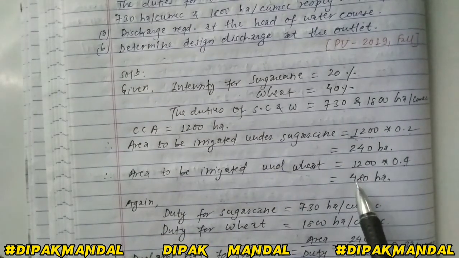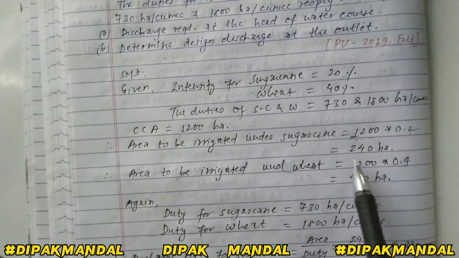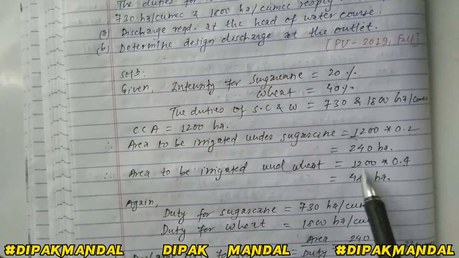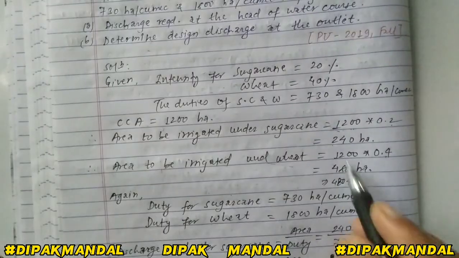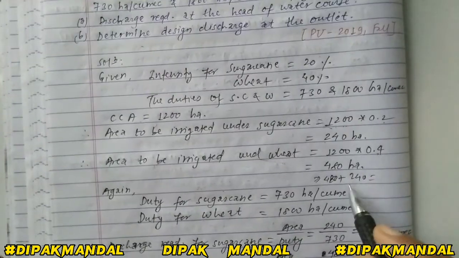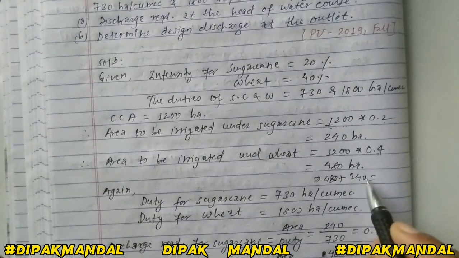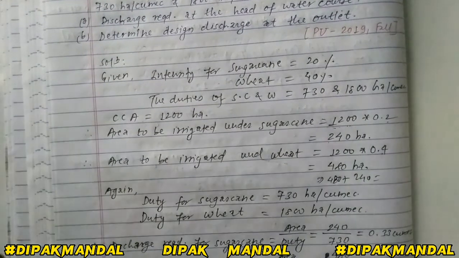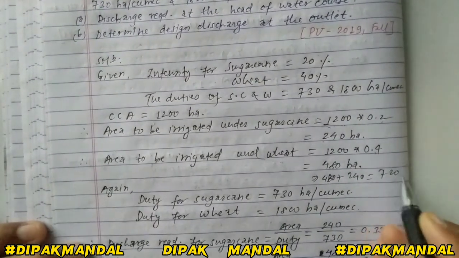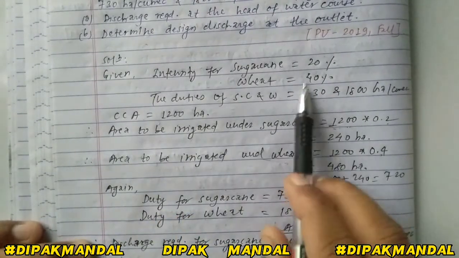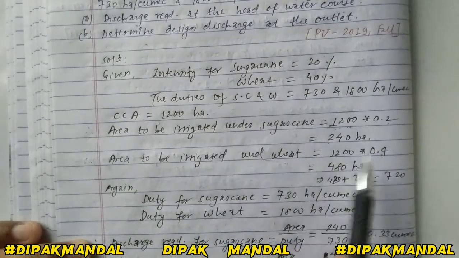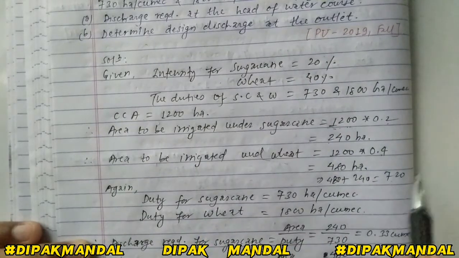So let's sum 480 plus 240, and the value becomes 720. The overall area is 1200 hectare, but we only take 60%. That's why the total area after adding sugarcane and wheat becomes 720 hectare.